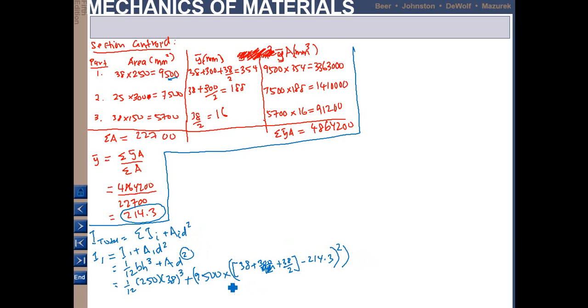You calculate using a calculator. Or if you don't want to write it like this, you can use 354 minus 214.3.